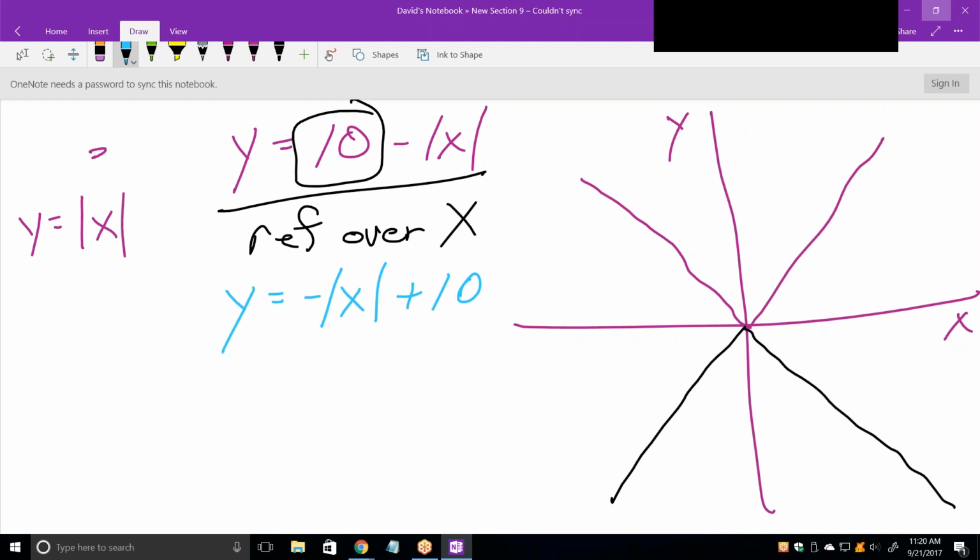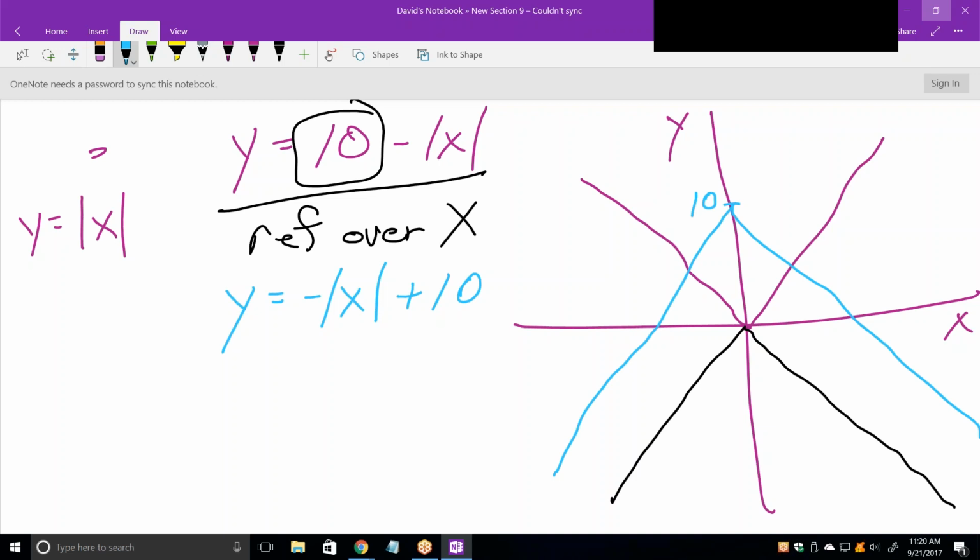Remember your transformations. When you had a number at the end that was just being added to the function, it's a vertical shift. So this thing goes up 10. There's no vertical stretching going on. There's no horizontal stretching going on.